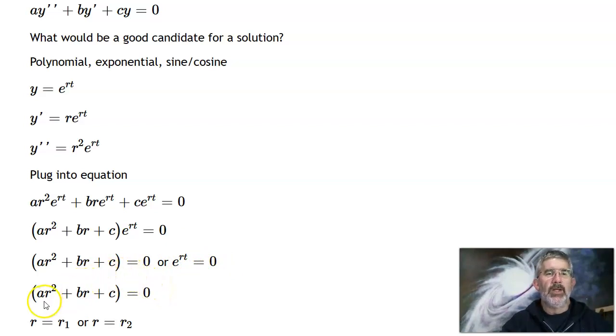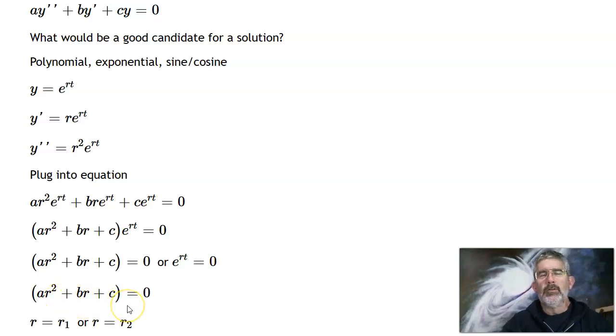So that leaves us with the equation a r squared plus b r plus c equals 0. This is a quadratic equation. Notice that the coefficients a, b, and c are the same as the coefficients that we had here, and that's going to be the case every time.